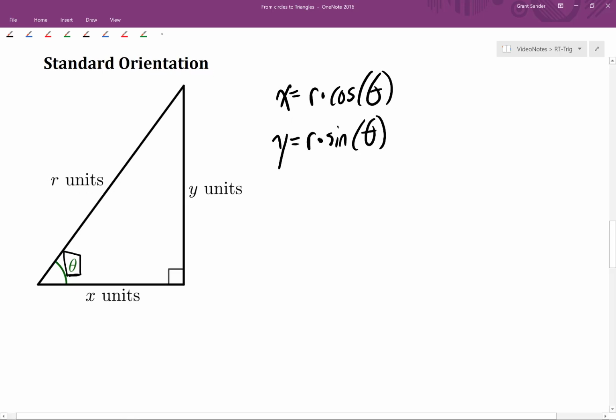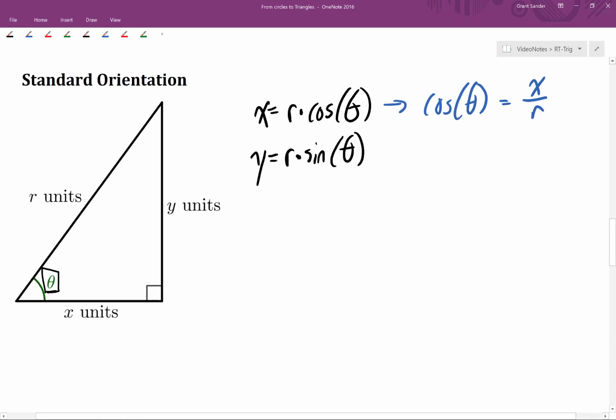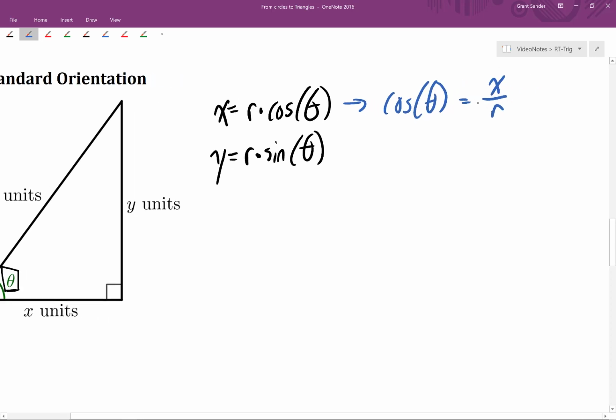Just based on this first equation, we can say that cosine of theta is equal to x divided by r. It's the measure of that horizontal side in units of the hypotenuse of that right triangle, which is what this ratio represents. And then from the second one, we can say that sine of theta is equal to y divided by r.